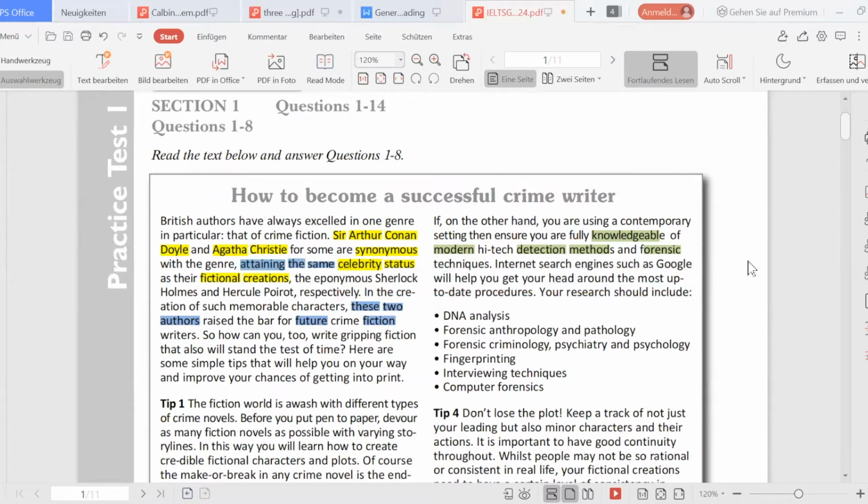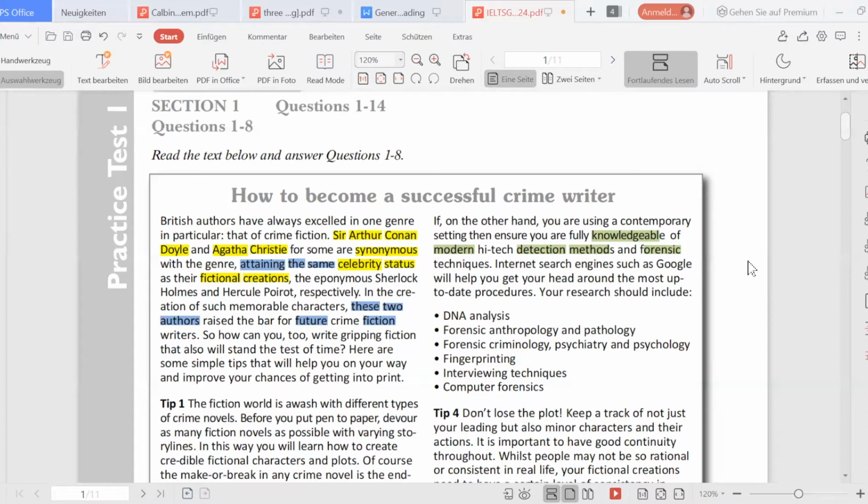Same celebrity status, and that is what you should watch out for. The question says that the fictional characters were more famous, so eclipsed the fame of their authors, but the text is saying that the authors were as equally famous as their fictional creations. So that contradicts the text. It's the opposite of what's in the text. So it is false.